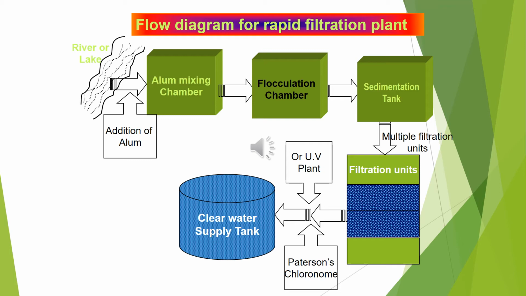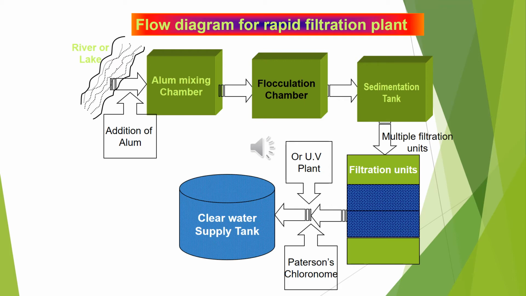And then that water with mixed alum is transferred into the flocculation chamber, and in this chamber there is slow and gentle stirring of the treated water for about 30 minutes, and from that it is then transferred into the sedimentation tank, and the water is left there for at least 2 to 6 hours.